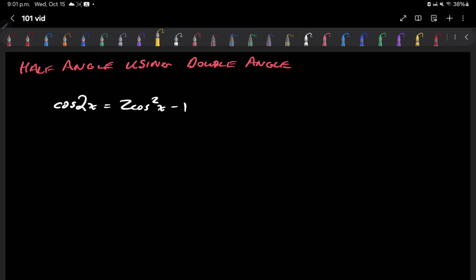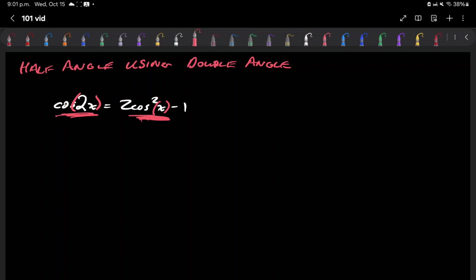One thing we're going to notice here is that the double angle is obviously double this one, right? So that means this one is half of the double one. So we're going to try to isolate for cos x in this equation.